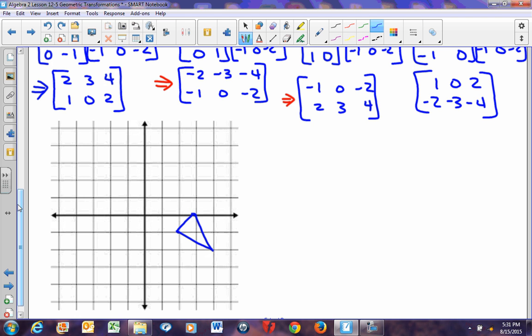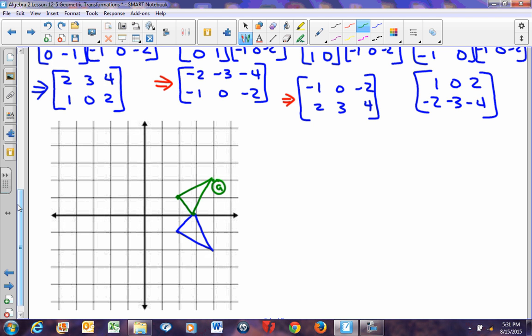Okay. So letter A has me at 2, 1, 3, 0, and 4, 2. For letter A, that was across the x-axis, which is there. So it just folded itself across the x-axis.